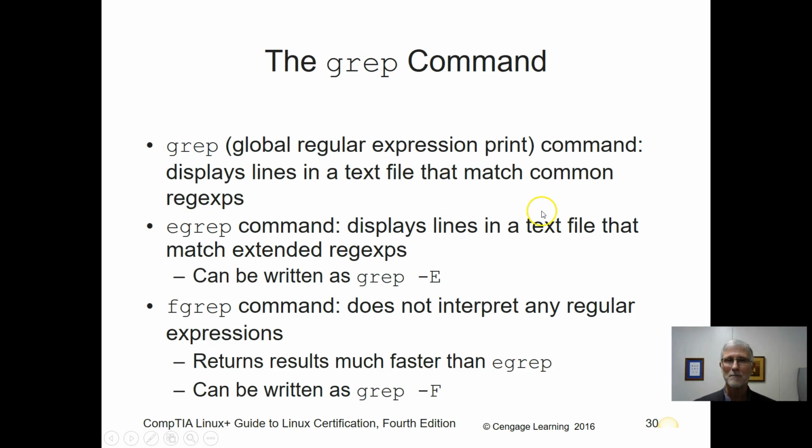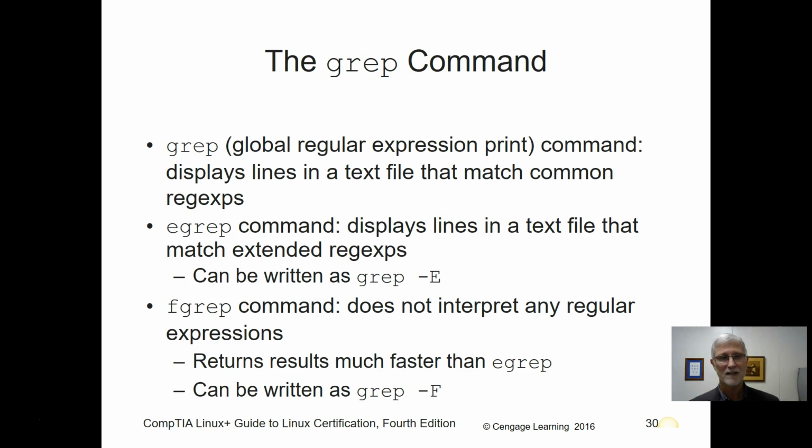Now, that grep command, the breakdown of that name is global regular expression print. It basically displays lines in a text file that match your regular expression search command. Now, egrep displays lines in a text file that match extended regular expressions.